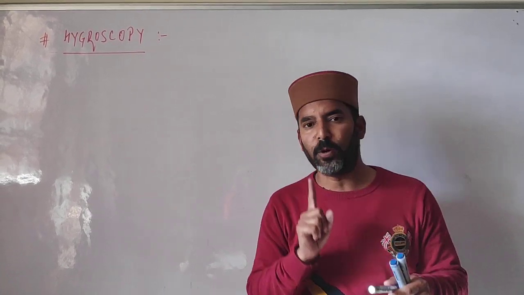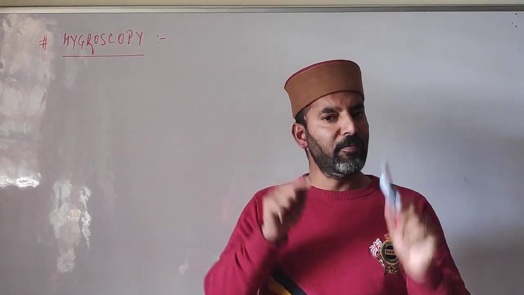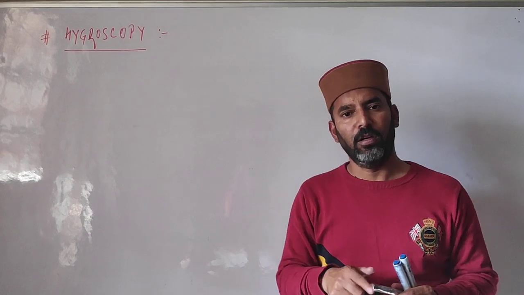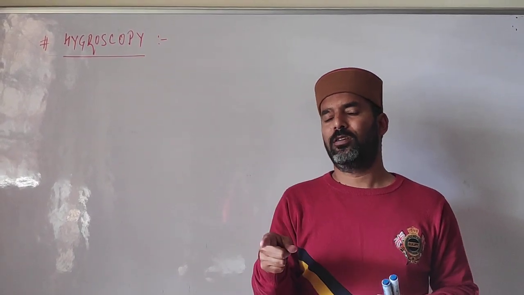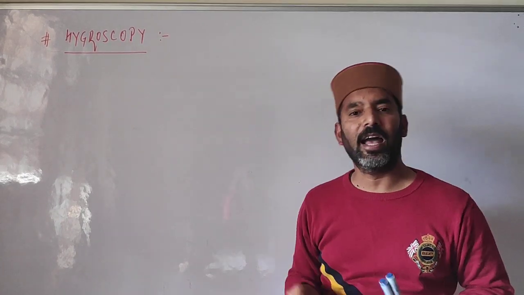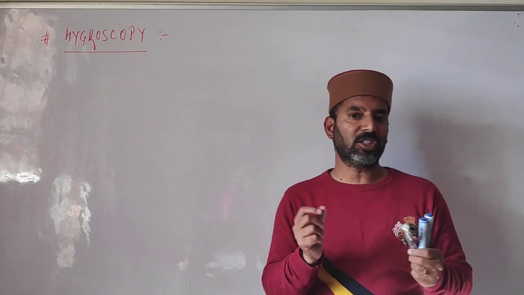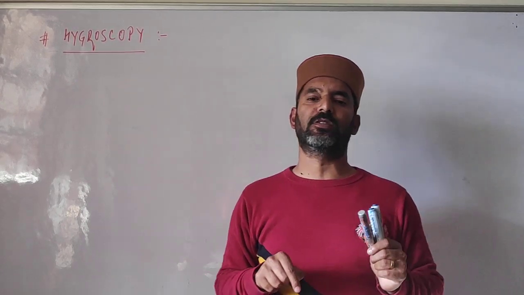So this property of some salts to absorb moisture from the air when exposed to the atmosphere even for a short time is called hygroscopy, and such substances are called hygroscopic substances.